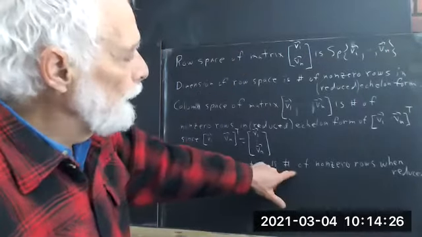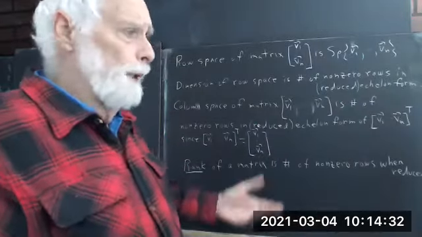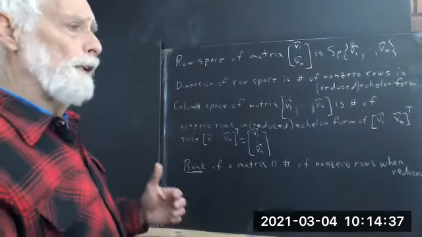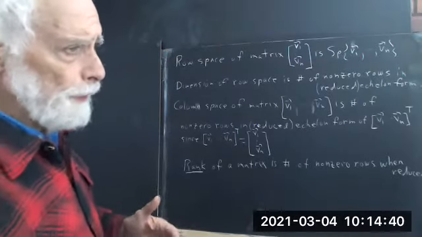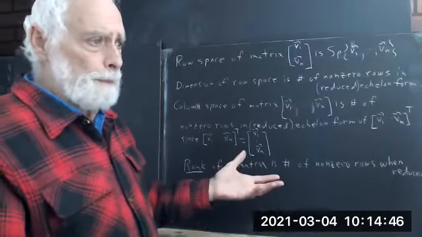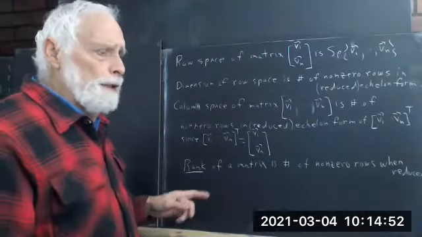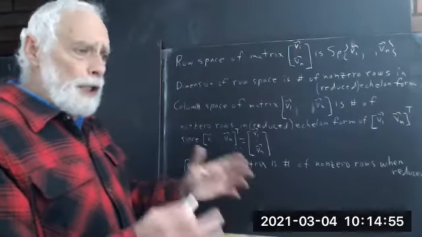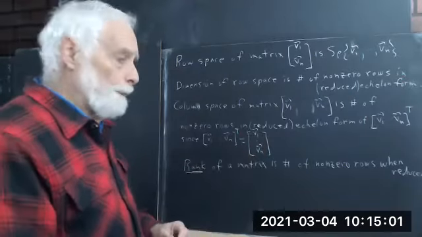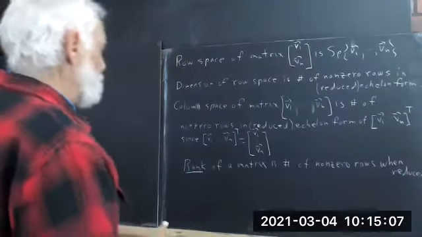Rank of a matrix is a number of non-zero rows when you reduce the matrix. Okay, we know how to reduce matrices. Hopefully that's an automatic, simple process. And hopefully when you're reducing the matrix, now you can think of the fact that essentially you're just adding multiples of your row vectors to one another. And of course, you're multiplying rows by constants and so forth. Okay. And none of that changes the span of the set. Okay. So that's the rank of a matrix.